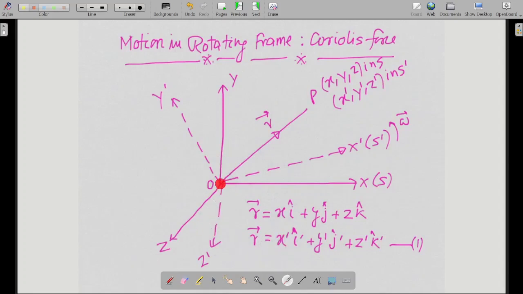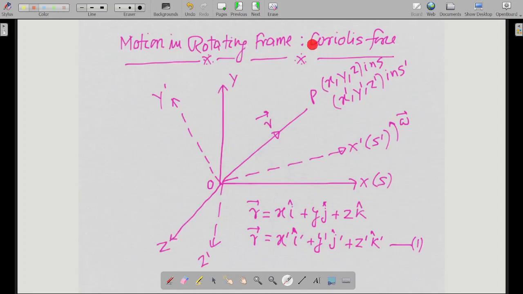This particular z prime is also coming out of the plane of the laptop towards your face. But this x prime and y prime, and this x and this y, are on the plane of your laptop.